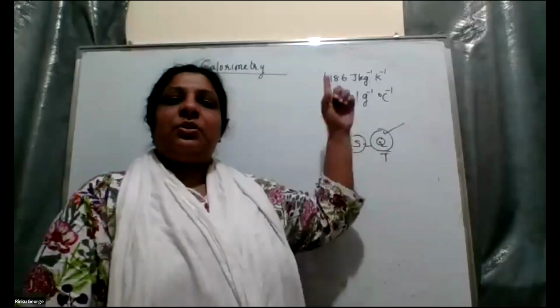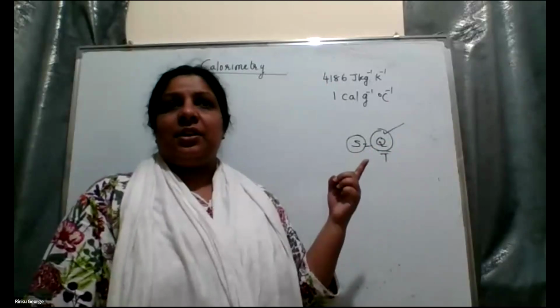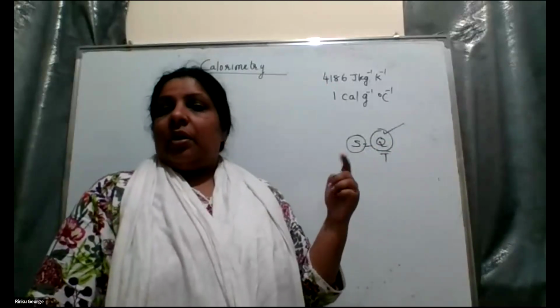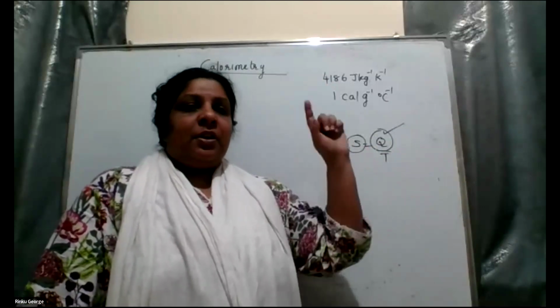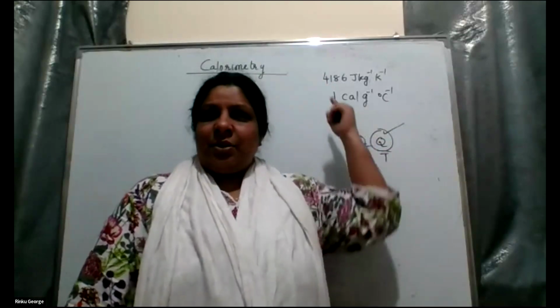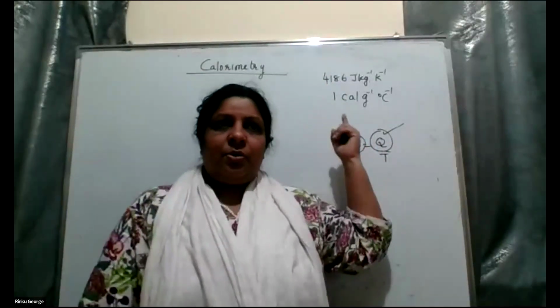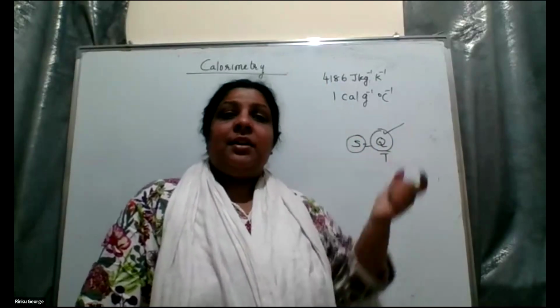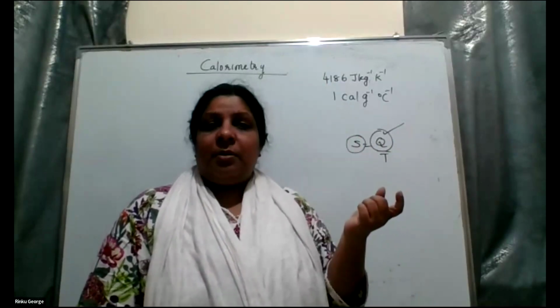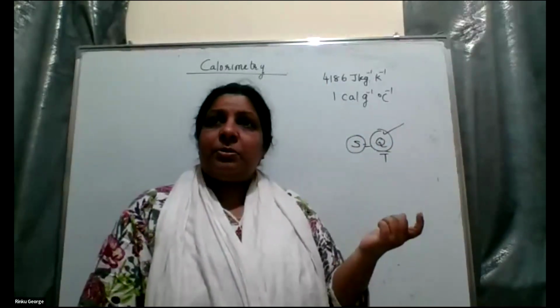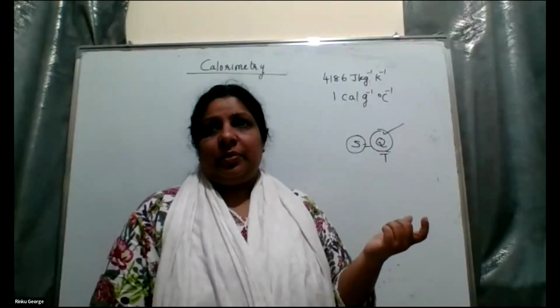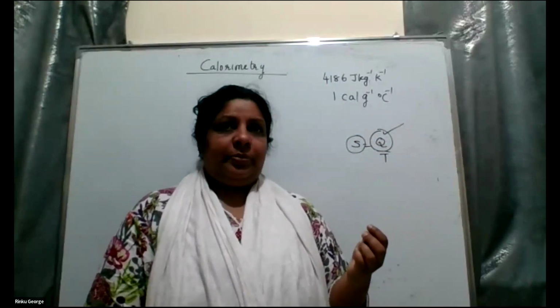So if it is in CGS, you take 1; if it is in SI, you take 4186. The specific heat of water you should know. Normally they might give it, but you can remember it. For any other metal, like an aluminum or copper ball, they should give the specific heat. Then only you can do the problem.